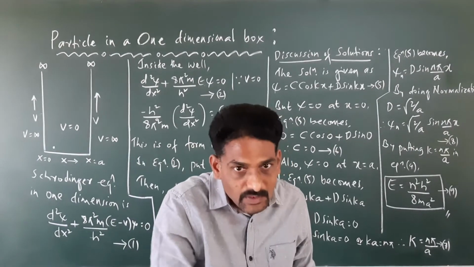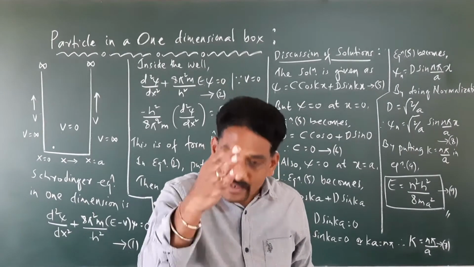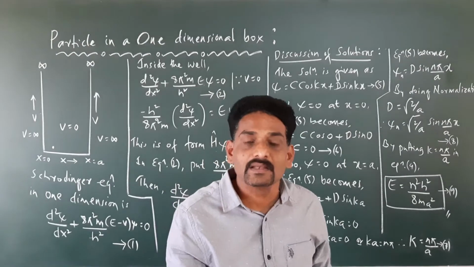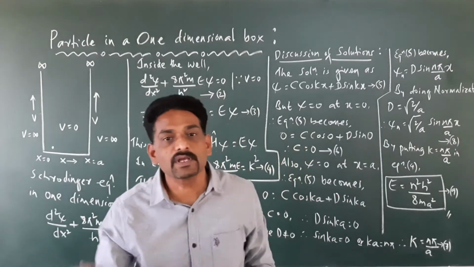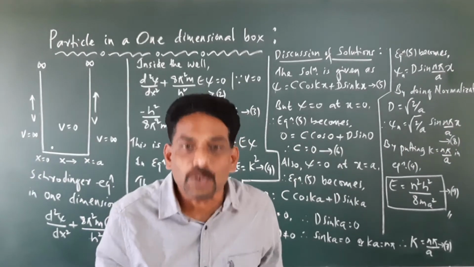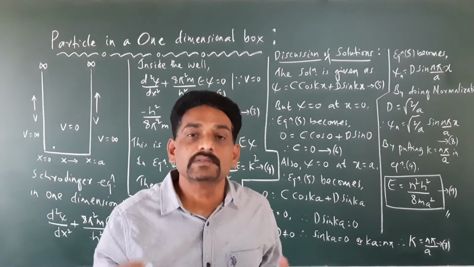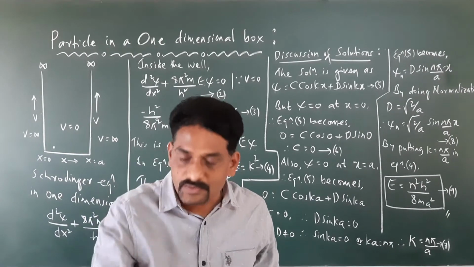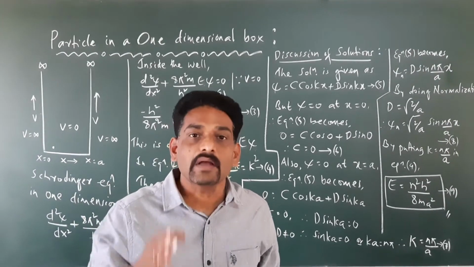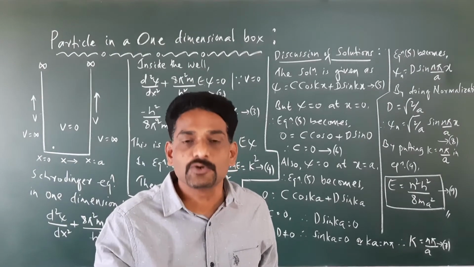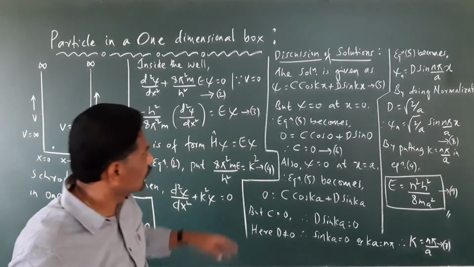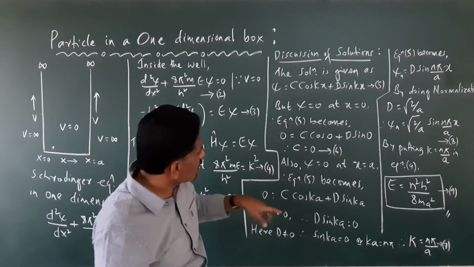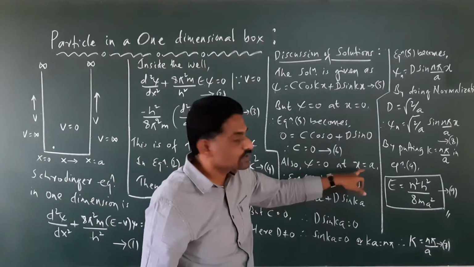The particle is moving within the box. So again on the second wall there is no particle. If there is no particle, the corresponding wave function is also going to be 0, indicating that there is no particle on the other wall. Or at x equals a also, psi is going to be 0. So therefore we say psi equals 0 at x equals a.